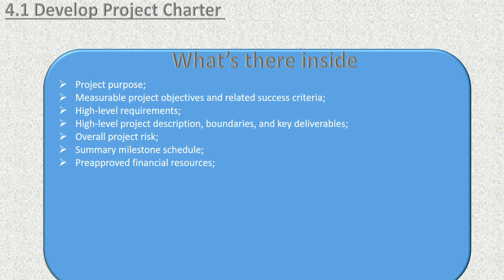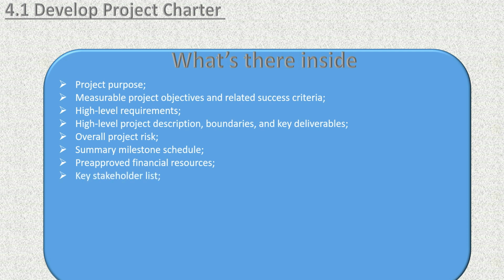That means, for example, at least $1 million is approved now, and the next $2 million will be approved once the project planning is completed. Many different points and criteria you can mention as you wish. But it's always recommended, and it's the usual practice, that the project charter itself mentions your pre-approved amount of financial resources.